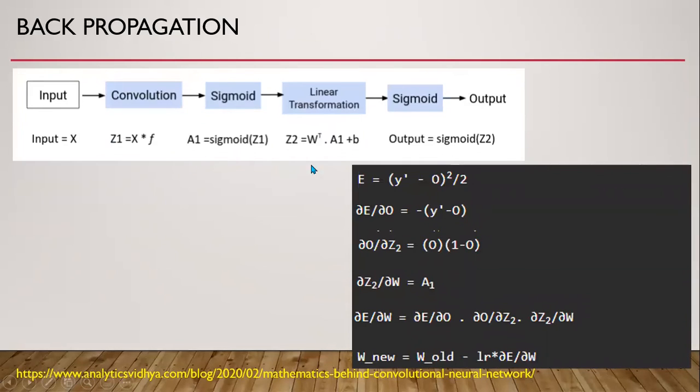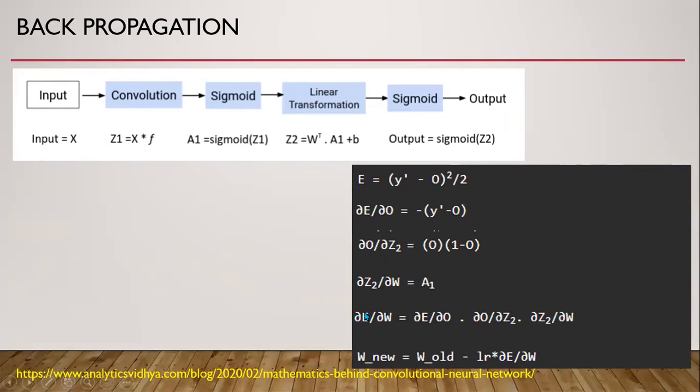First of all, there are parameters in two layers. One is the linear transformation layer parameter W, which is a matrix here, and the parameter F or the shared weights, which is again a matrix. So to adjust the weights of this layer, we need to do back propagation, and we use the derivatives with the help of the chain rule.